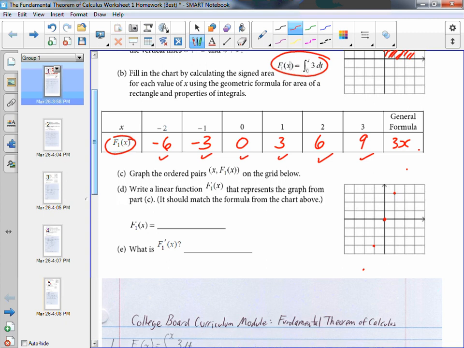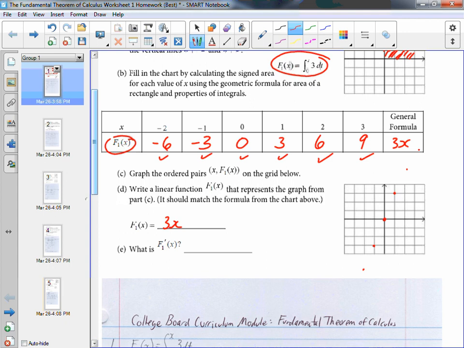So I've got that. And then D, write a linear function for capital F of x that represents the graph of part C. Well, we've said it a few times already. The formula is 3x, the antiderivative is 3x, but I guess I'm really not saying it right, am I? Shouldn't I be saying that something equals 3x? Y equals 3x, or capital F of x equals 3x.